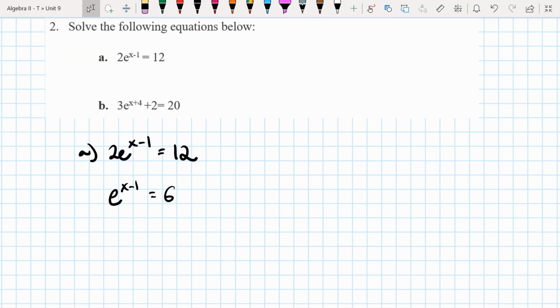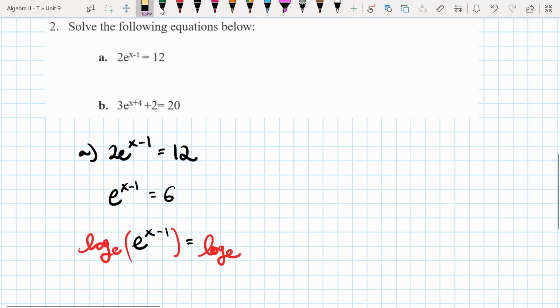Remember, to undo an exponentiation, we have to take the logarithm of both sides. The base of the logarithm has to match the base of the exponent. And so in this case, the base of our logarithm needs to be e, or Euler's number, which is about 2.718.